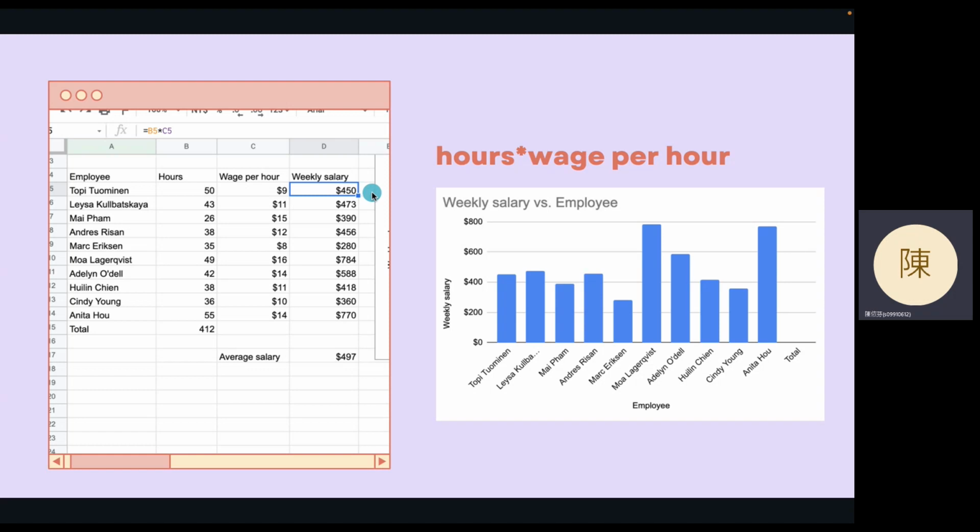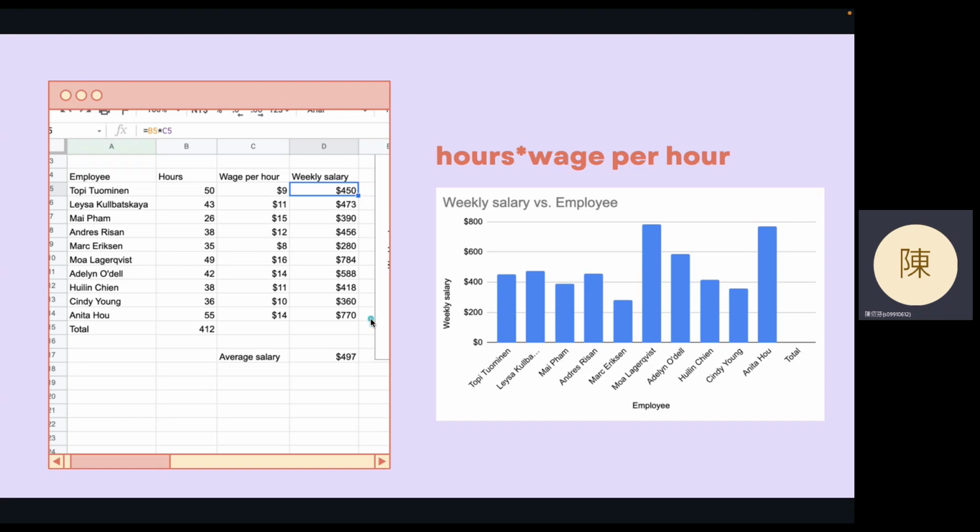For the next employee, we plug in the formula equals B6 multiply C6 to compute the second employee's salary. From the third employee to the last one, we use the same formula all the way to Anita Ho.